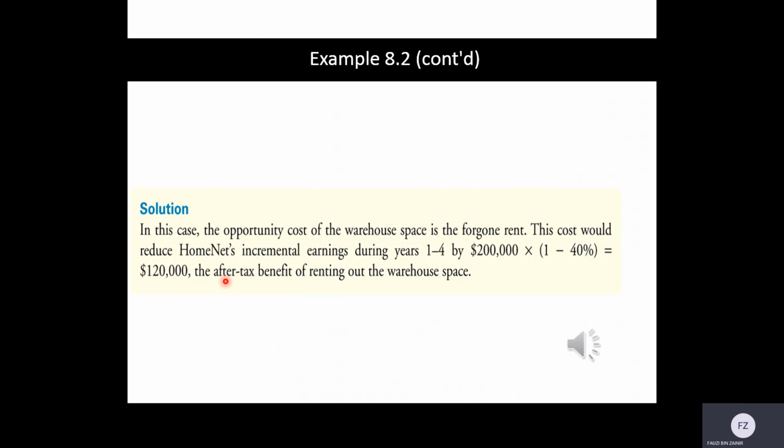So in other words, since HomeNet is going to use that space, it has to be included in its costing. So the cost of it is 200,000, and after taking into consideration the tax impact, it will be only 120,000. We'll look at it in the following spreadsheet in which it is going to be included.